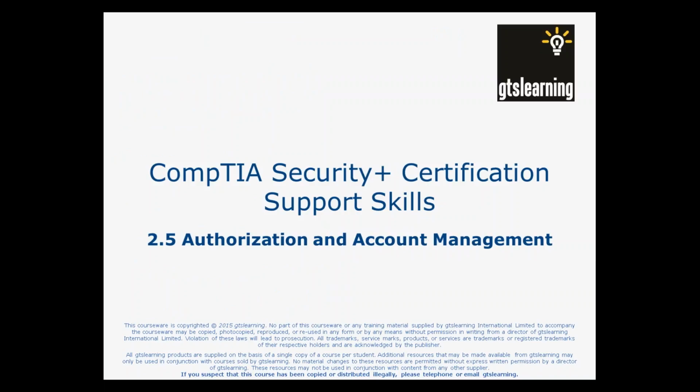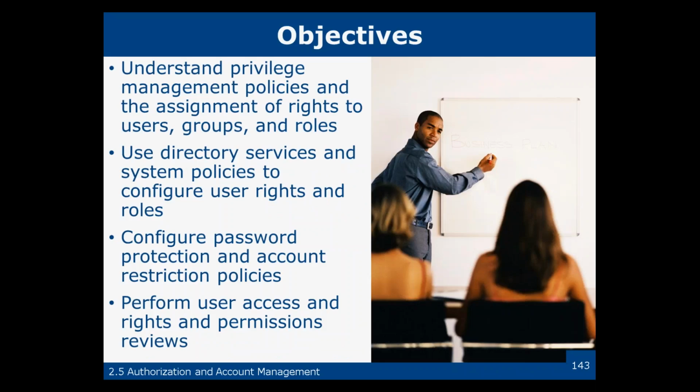Okay, let's take a look here for a few minutes at authorization and account management. It's going to focus mostly on Microsoft and Active Directory when we go through these things. The objectives: understand privilege management policies and the assignment of rights to user groups and roles. Use directory services and system policies to configure user rights and roles.